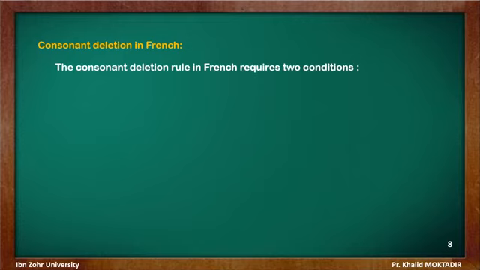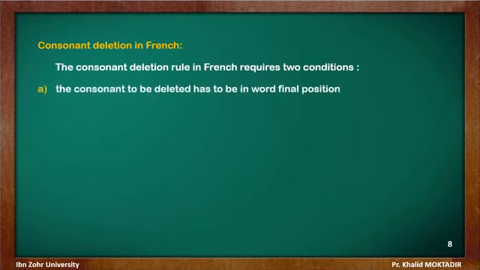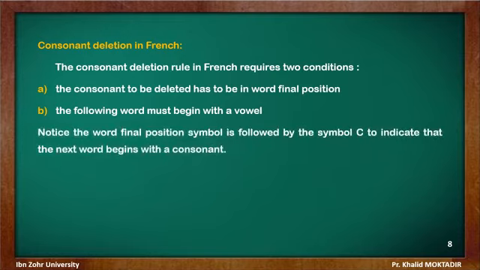Now we move to consonant deletion, and we pick up an example from French. Remember, the consonant deletion rule in French requires two conditions. The first condition is that the consonant to be deleted has to be in word final position. And next, the following word must begin with a vowel.